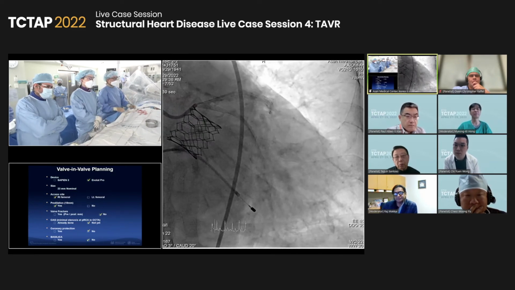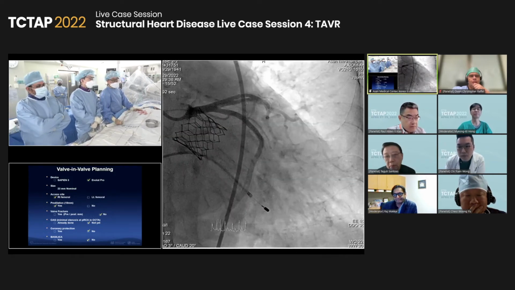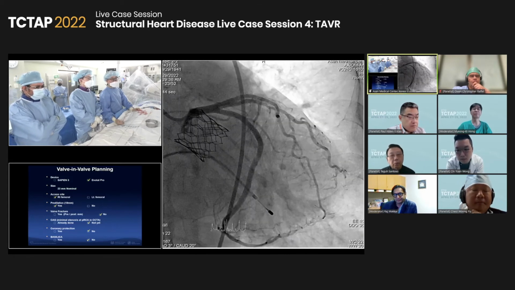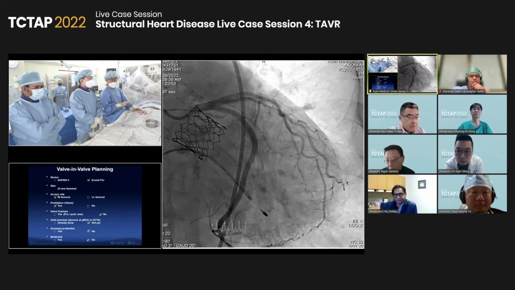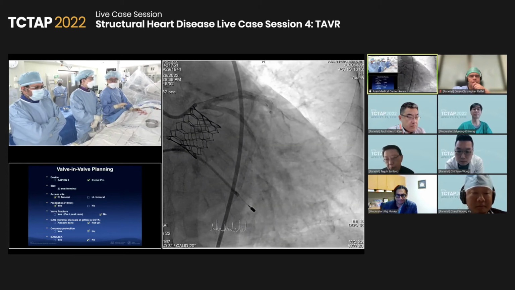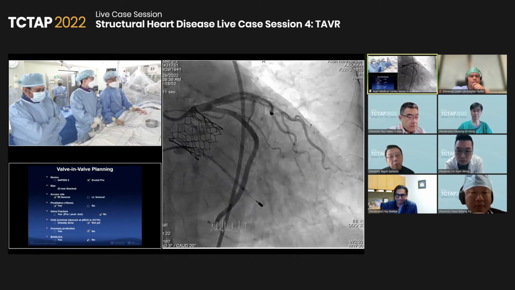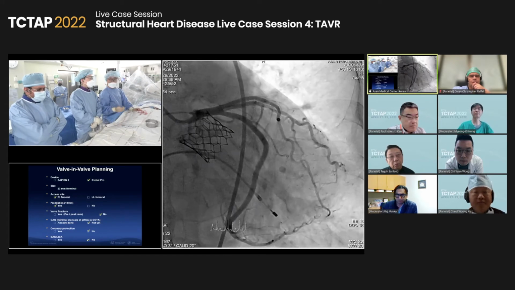Yes, I 100% agree, especially in the Asian population with the PPM issue, prosthesis-patient mismatch. We don't know how PPM influences long-term TAVR durability. However, we should still be concerned for this patient, and we are discussing it in our heart team.